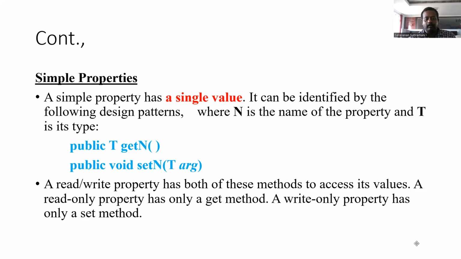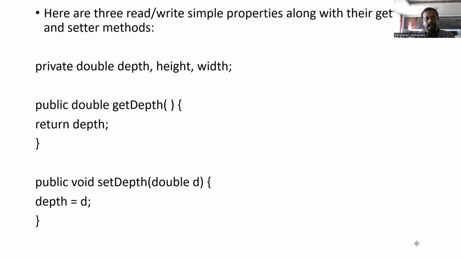A read/write property has both of these methods to access its value. A read-only property has only a get method. A write-only property has only the set method. Here are three read/write simple properties along with their getter and setter methods. The properties depth, height, and width are of type double.